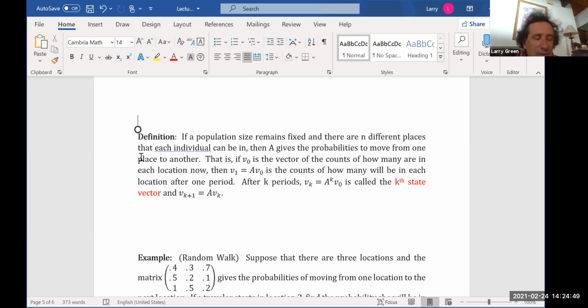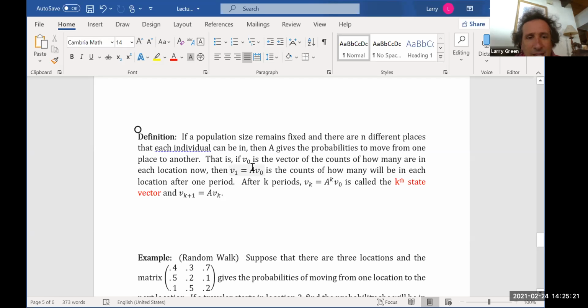Maybe the second one would be Nevada, and that first column, second row might be, say, 0.1, and that would mean you have a 10% chance of being in Nevada after 1 year. Does that make sense? And you can go through every state and calculate the different probabilities. So the matrix A gives the probabilities to move from one place to another. Anyone lost on what I'm talking about?